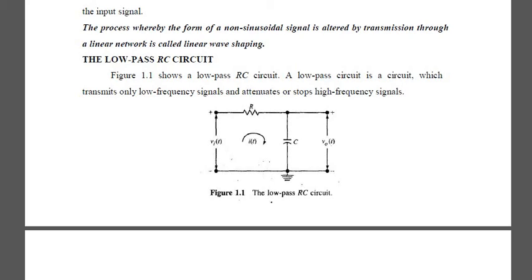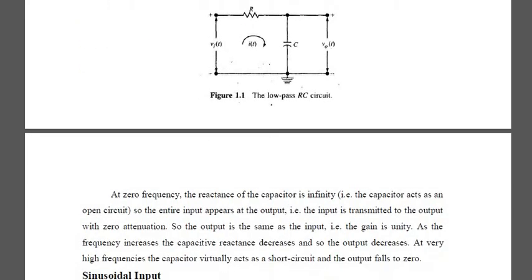In that, the very first one is a sinusoidal signal. If the input voltage is sinusoidal, then what will be the expression? If you apply the input voltage as a sinusoidal signal, how will the output be on that side? For that we have seen the condition of the low pass RC circuit. At 0 frequency, or f equals 0, the reactance of the capacitor is infinity, so the entire input given will be shown at the output side.